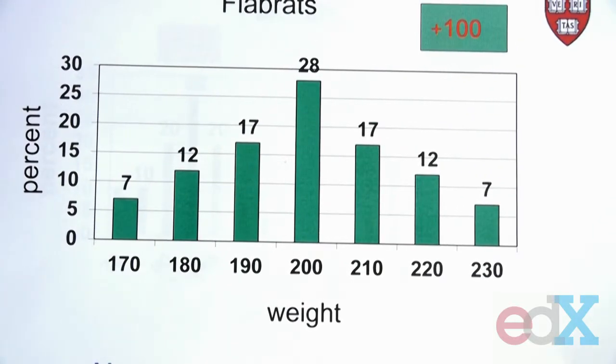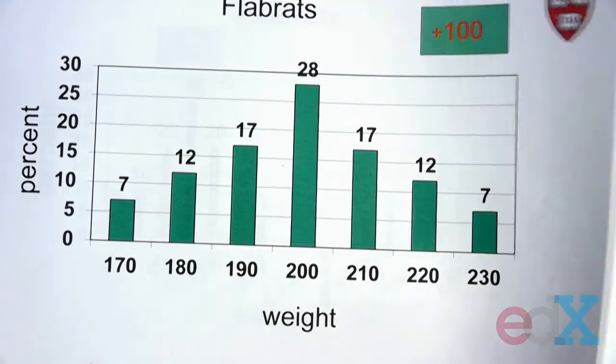And one morning, you come to work and there is a FLABRAT in the hallway. And you say to yourself, oh my gosh, where did this FLABRAT come from? Does this FLABRAT belong in the left lab or in the right lab? So here is your challenge. The challenge is to classify the FLABRAT.